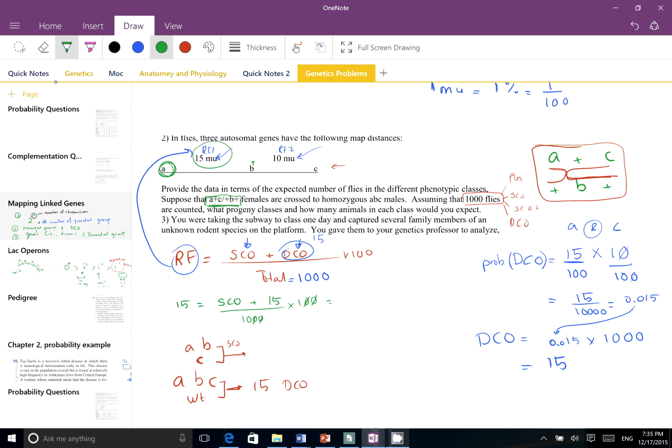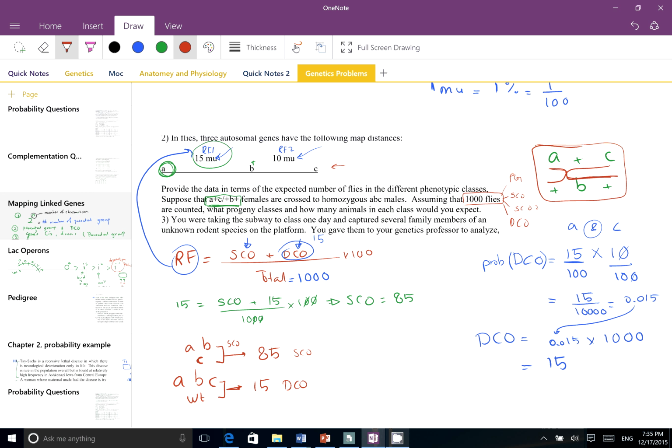So this will lead to 85. If you work it out, you're going to find that the single crossover is equal to 85. So my first crossover, that would be A, B, and C, is going to be 85. This is my single crossover.